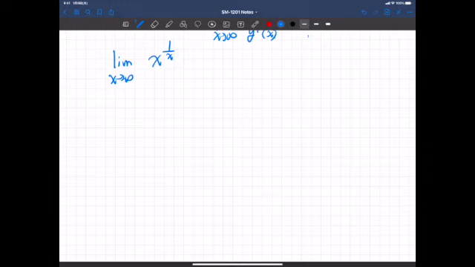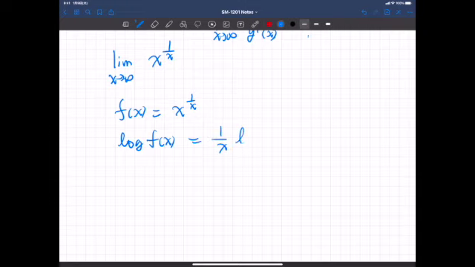Okay, so let's define f of x as x to the power of 1 over x. So we have log of f of x is 1 over x times log x.